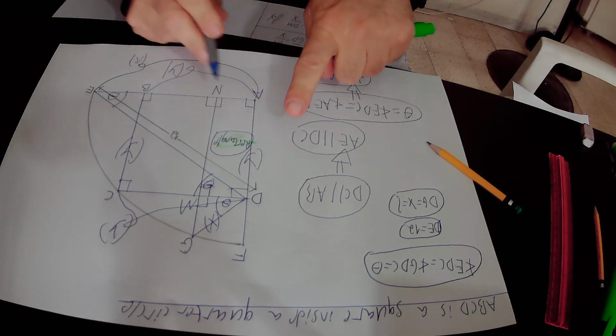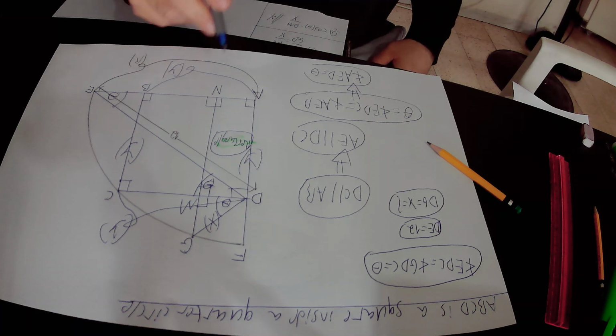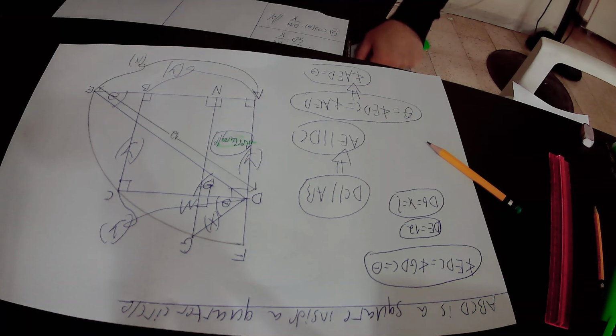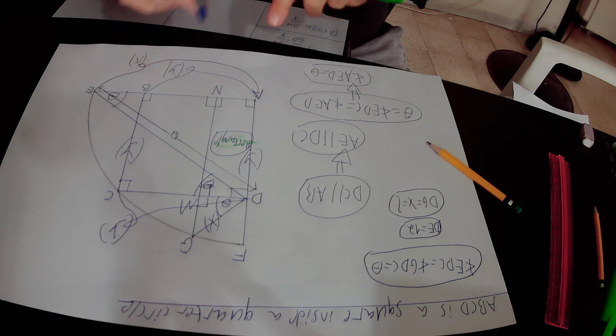The hypotenuse DE of the right triangle ADE equals 12 units in its length according to what is given in the question. DE equals 12.